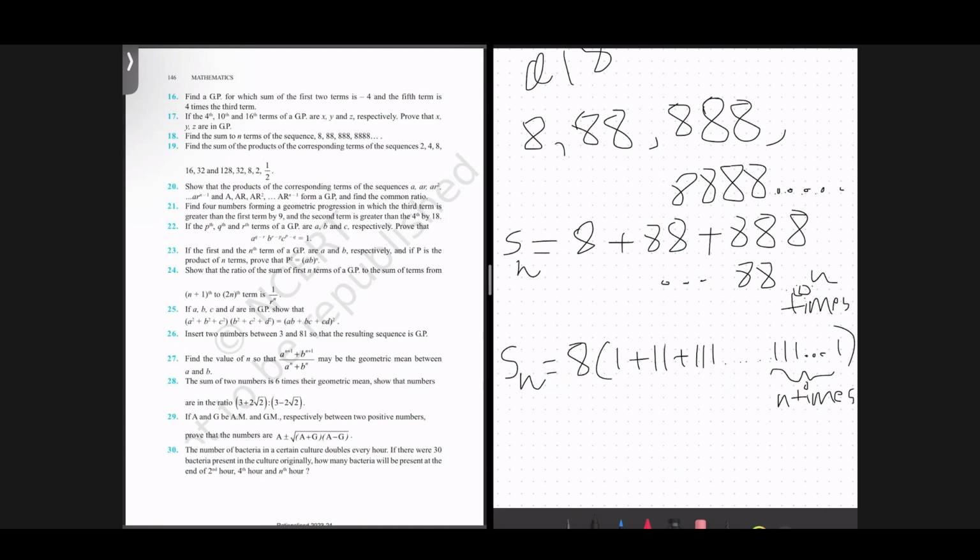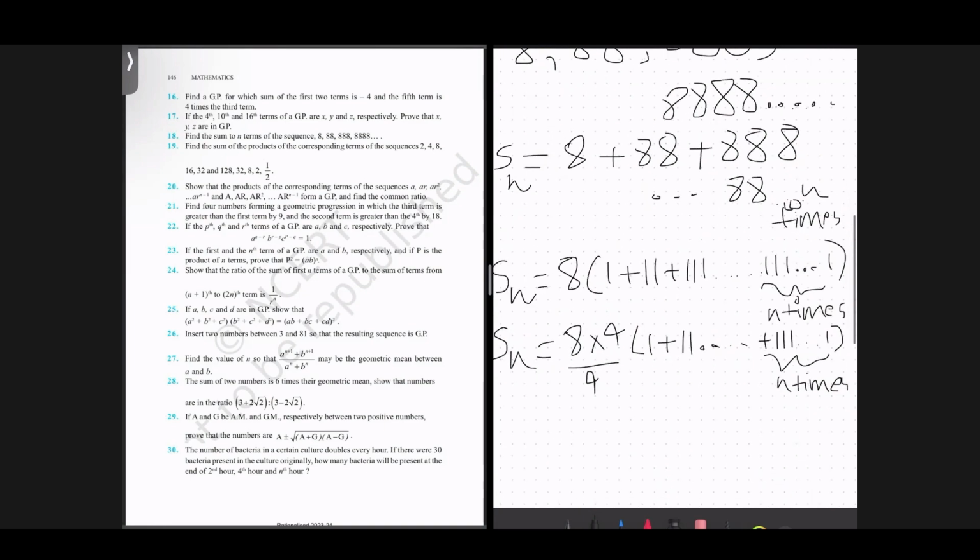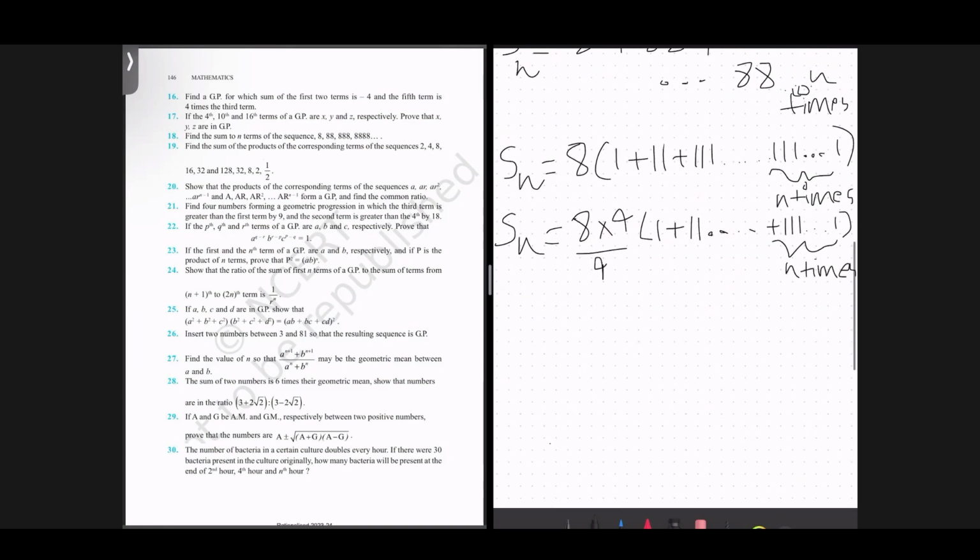Now what I'm going to do is multiply the numerator and the denominator by 9. So my Sn now becomes 8 into 9 upon 9, and into the bracket I have 1 plus 11 plus and so on, up till n times, correct? This is what I have in the numerator and denominator. And what I'm going to do now is propagate the value 9 into the bracket.